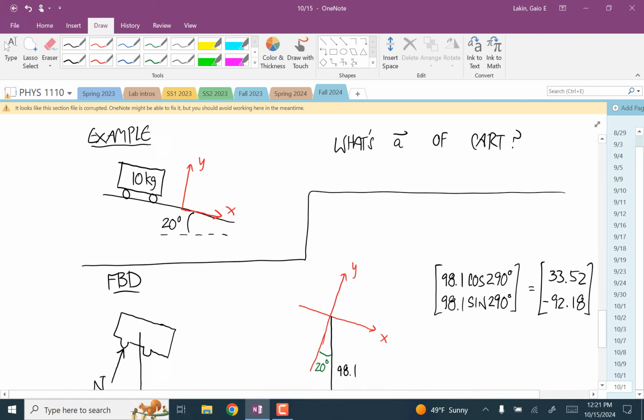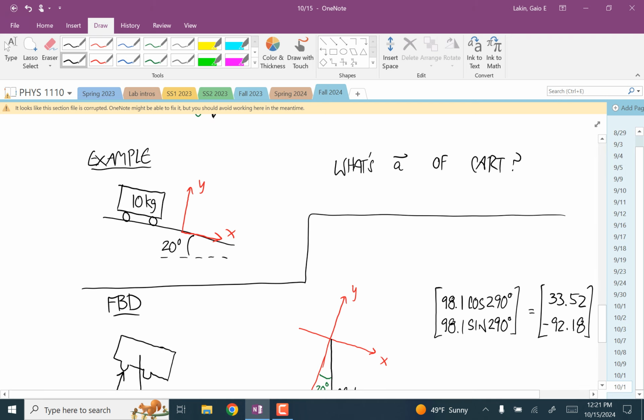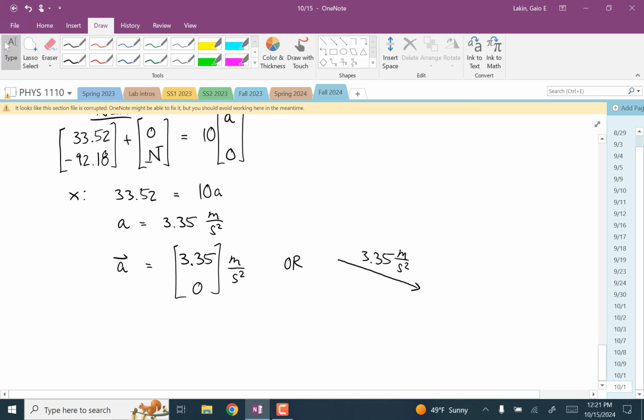So that's how it works, that gravity for this thing on a ramp makes this accelerate down the ramp. Any questions about that?